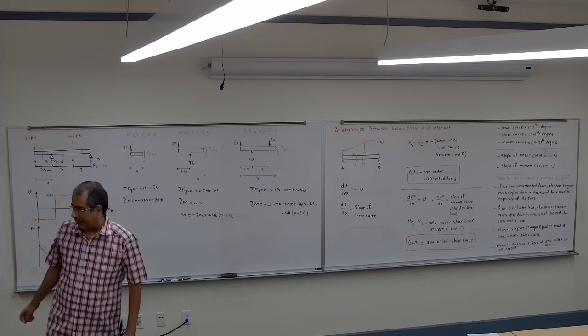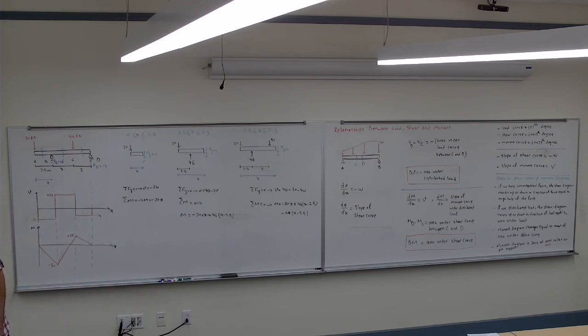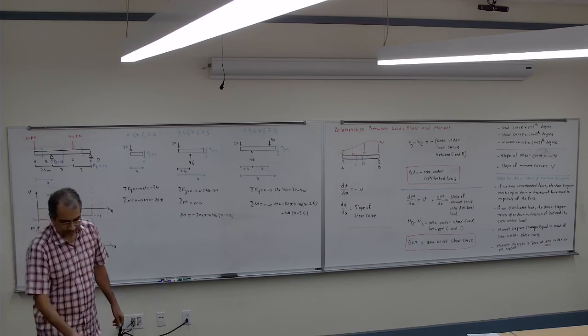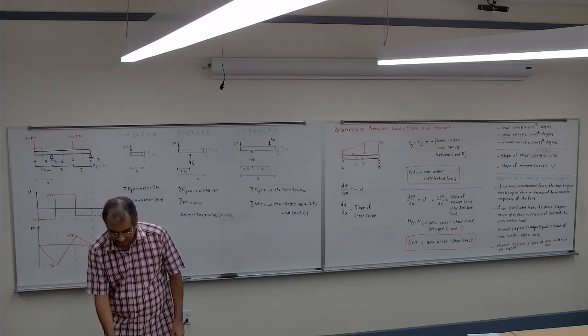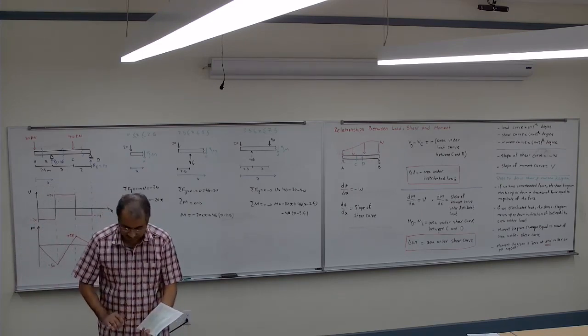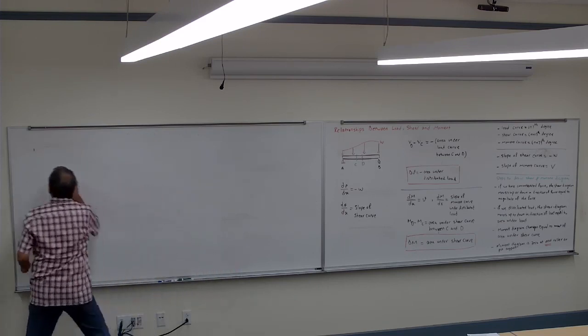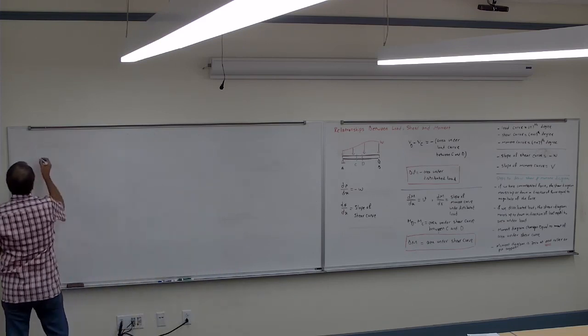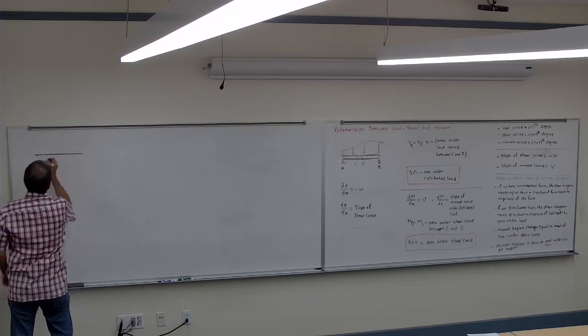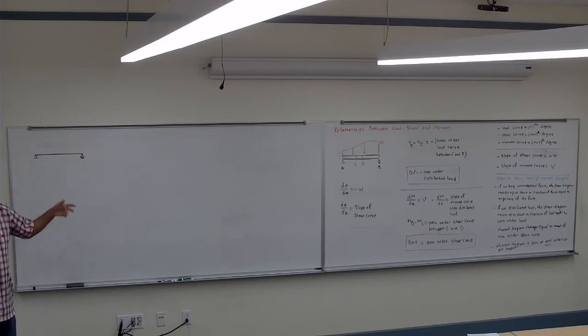Let's look at a couple of examples and see how it works. For this one, I don't have a number because I'm just going to make it up, so probably need to help with calculating.